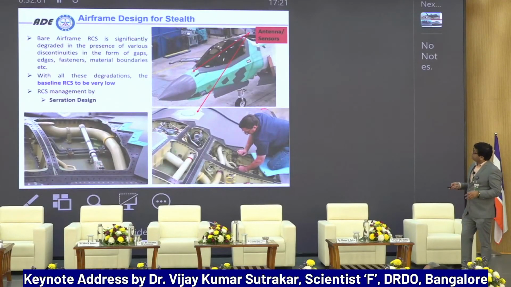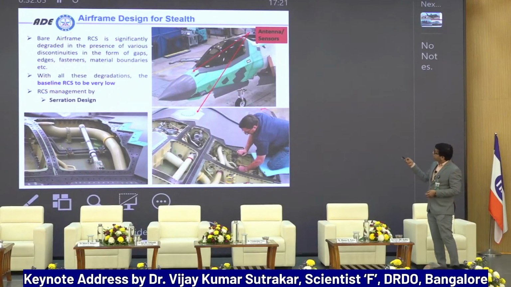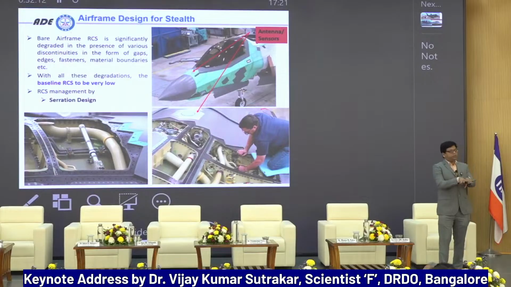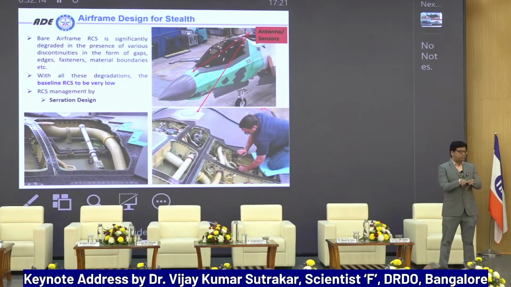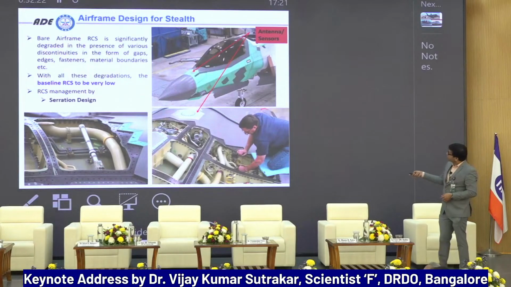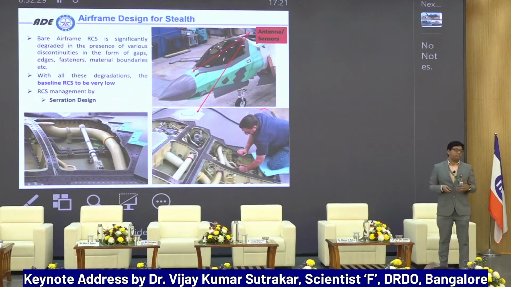I mentioned manufacturing in the previous slide. Now if you see these particular slides, conventionally in an aircraft or any part, where you see a joint, there will be two straight lines. If mechanical or fabrication people are joining two components, it will normally be a straight line. But those straight edges have a problem. So this particular bird, if you see, has all kinds of special shapes, which we normally call serration.